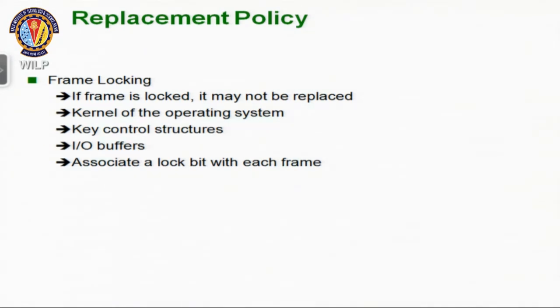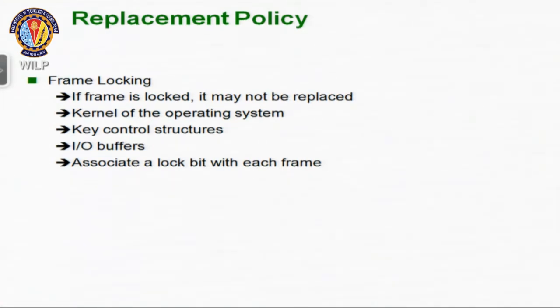So for a variety of reasons frame locking is required, and for us to be able to implement such a thing, we can clearly see that we require a lock bit associated with each frame.